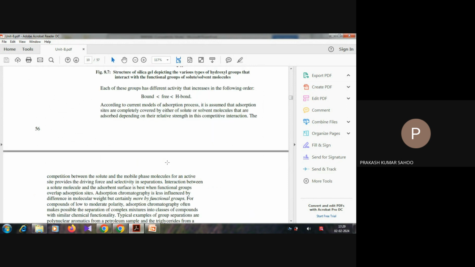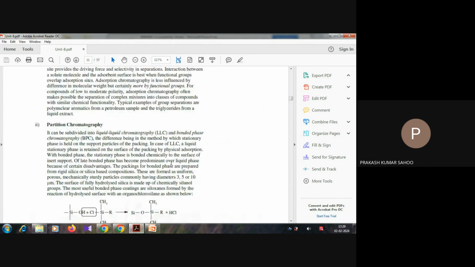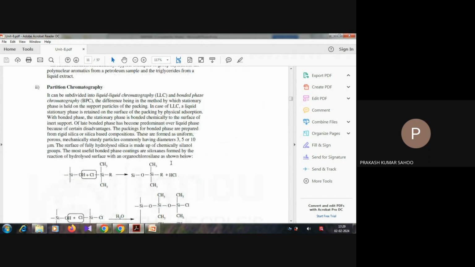Then we have partition chromatography, the liquid chromatography phenomenon. When the mobile and the stationary phase both are liquid, then the partition mechanism is applied.